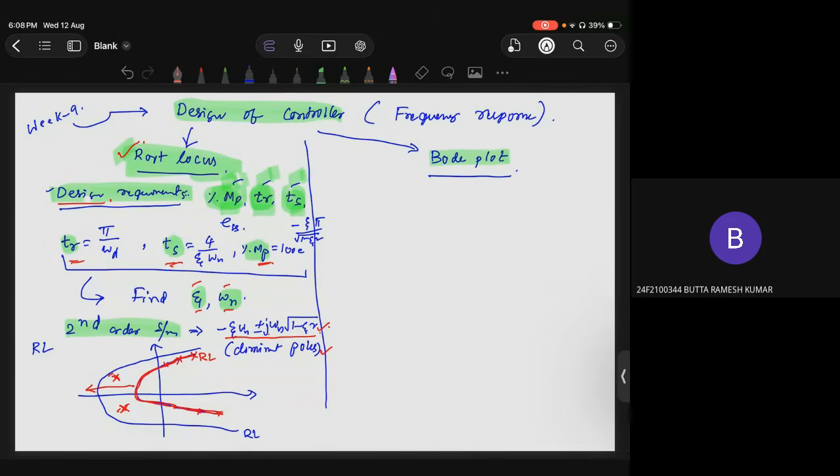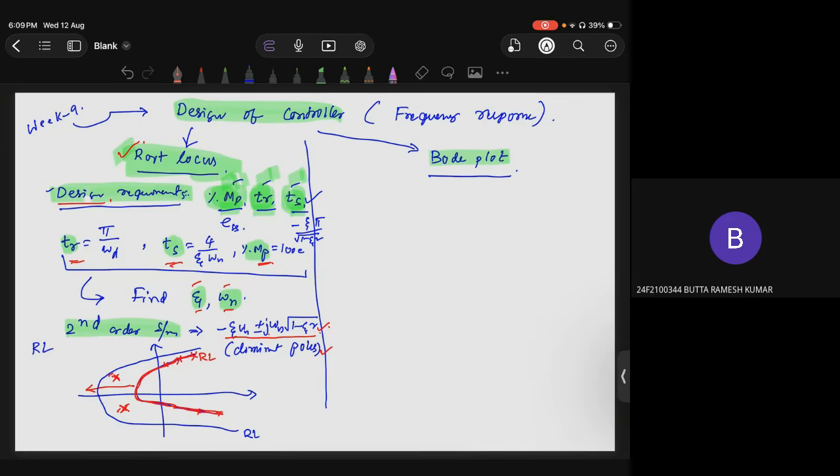Yeah, I'll share this PDF. Once your root locus covers these dominant poles, your design requirements are met. That's the idea. Here, in the root locus, your design requirements are percentage overshoot, rise time, and settling time. Using those and the root locus, you are designing the controller.